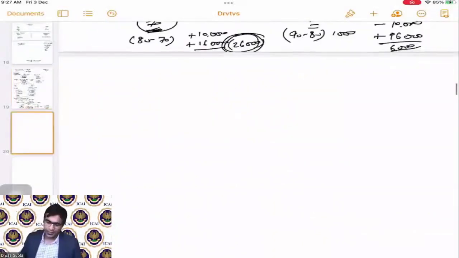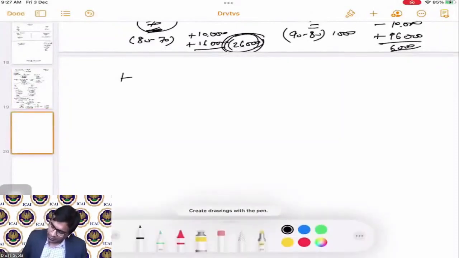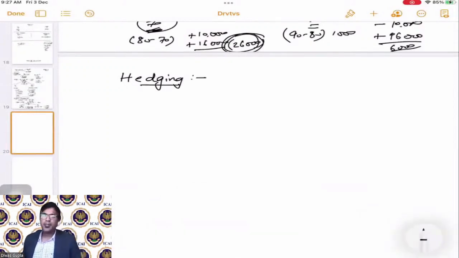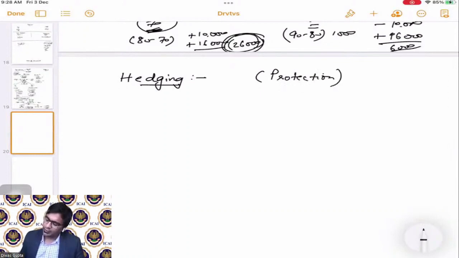Now comes the hedging. I'm putting hedging here. Now, what is hedging? Hedging is protection actually. The second name of hedging is protection. Now, what happens in hedging?